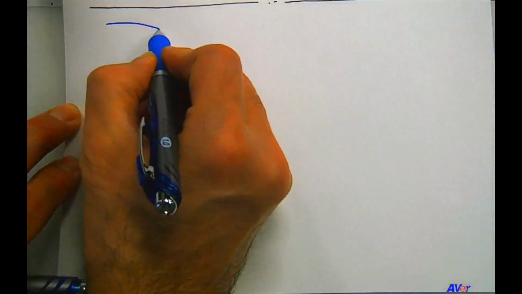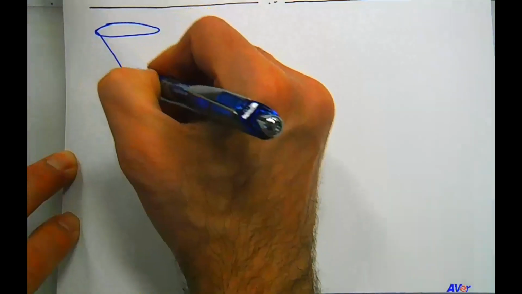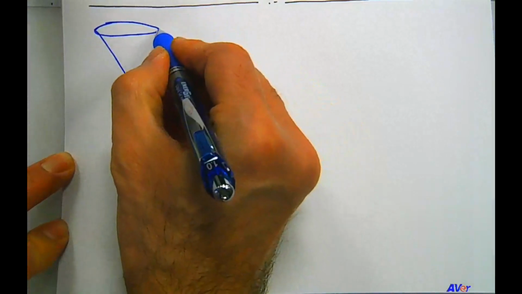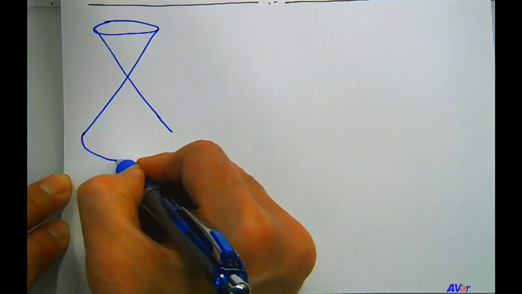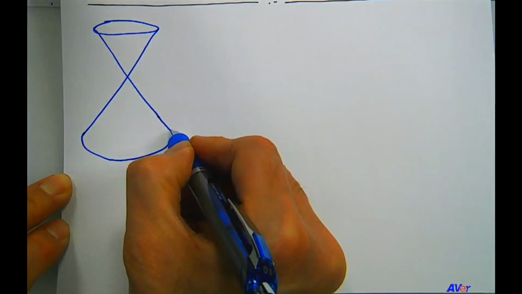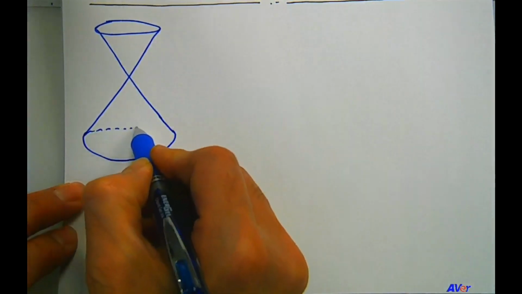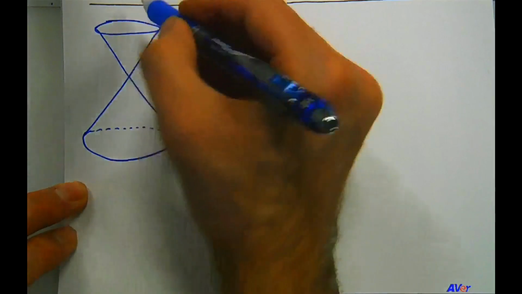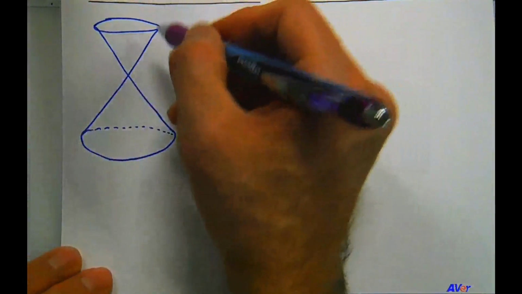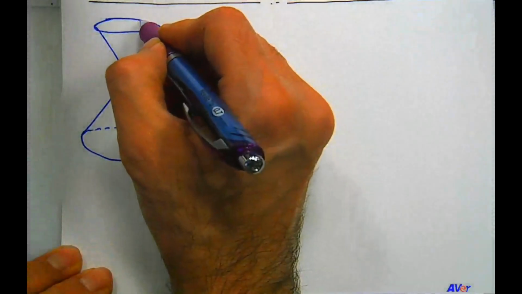If we take this upside down cone, something like this, with the dashed line forming the other side, the hyperbola would look something like this.